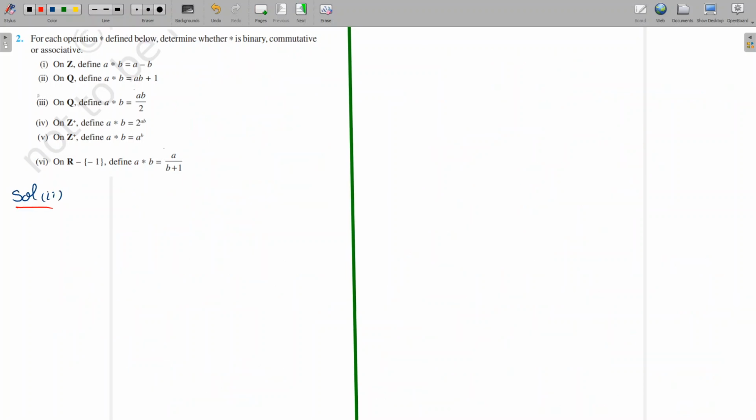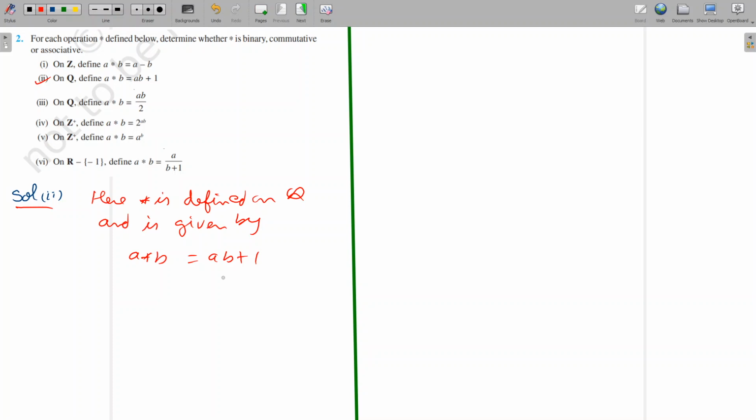Now, let us do the second part. On Q, define A star B equal to AB plus 1. So, here star is defined on Q, and is given by A star B equal to AB plus 1.